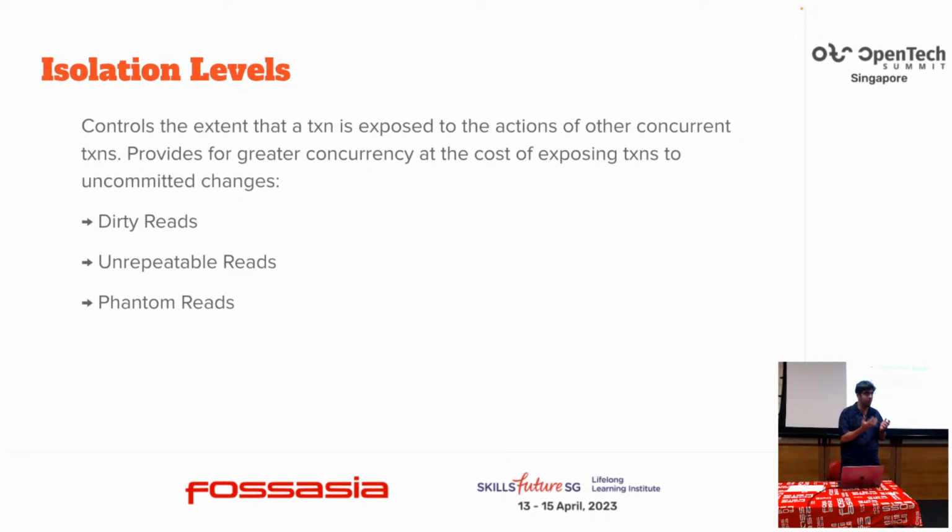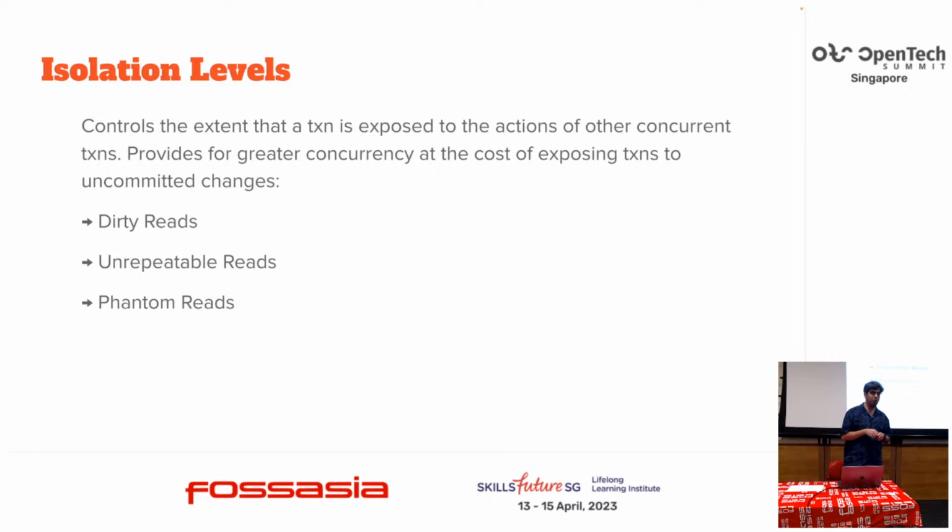However, the problem is that you also lose a lot of concurrency. Concurrency for databases, especially those that deal with disk, is quite important, because if you're only running a single thread, you'll be spending a lot of time spinning, waiting for disk I/O, right? So we want to maximize concurrency, especially on modern hardware where we have a lot of cores, right? The problem, however, is when you have multiple transactions ongoing at the same time, all operating on these shared buffers and shared storage, there are a lot of interesting problems that happen.